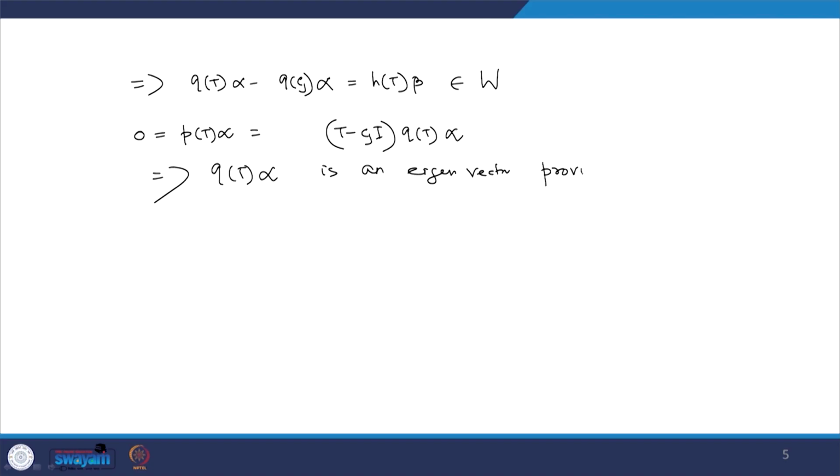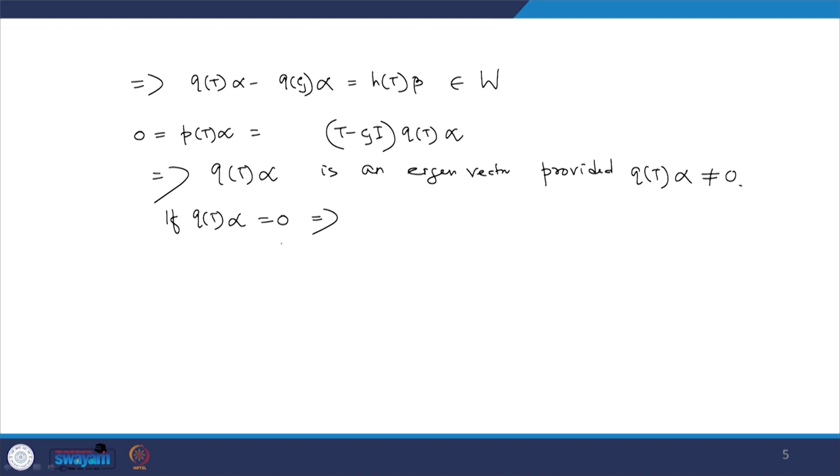provided Qt alpha is not equal to 0. If Qt alpha equals 0, what does it imply? Qt is the product of T minus C1 I into T minus C2 I, like that.